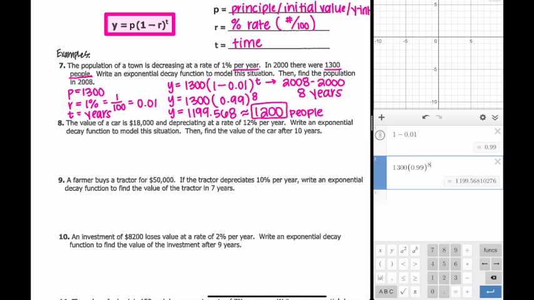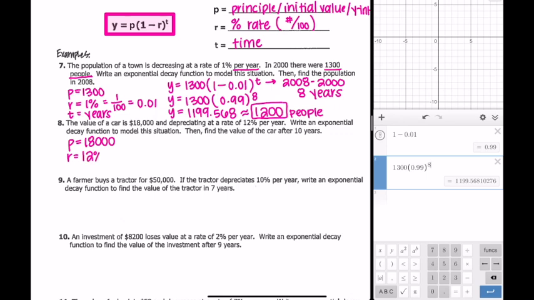All right, number 8. The value of a car is $18,000 and depreciating. So depreciating means decaying or decreasing at a rate of 12% per year. So our principal, our initial value, is $18,000. The rate of decay is 12%.